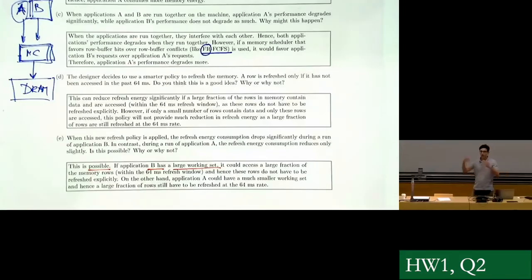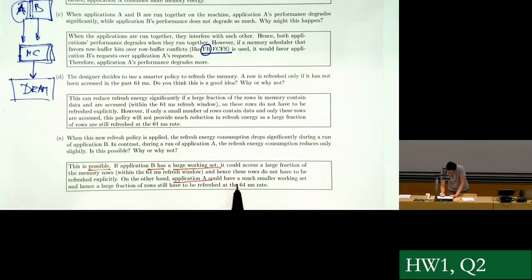Many of these rows are accessed very frequently, so they don't need to be refreshed; when accessed, they are pre-charged, and there is no need to refresh them additionally. It's not the case for application A, where the working set is much smaller.